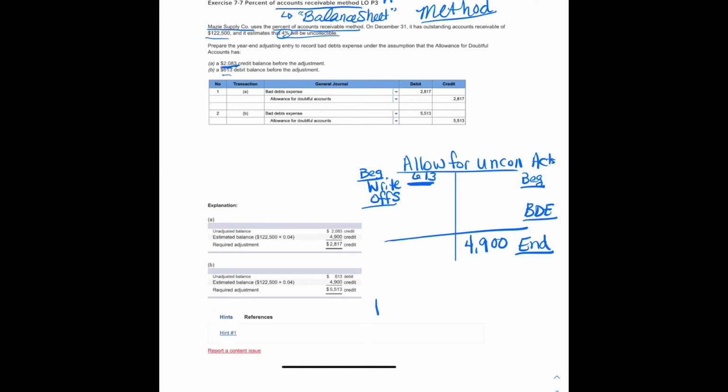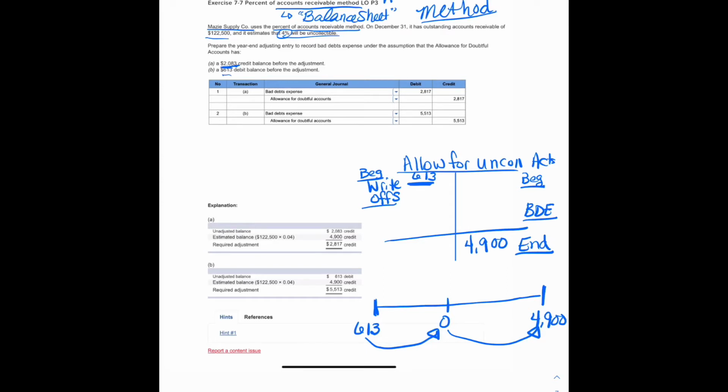If you think about this as a number line, we need to get all the way to $4,900. But to go from $613 as a debit all the way over to $4,900 as a credit, I need to first cover this $613 and then cover the $4,900.